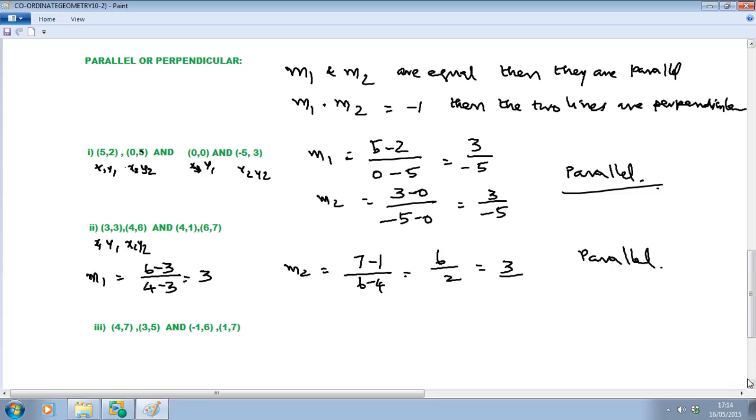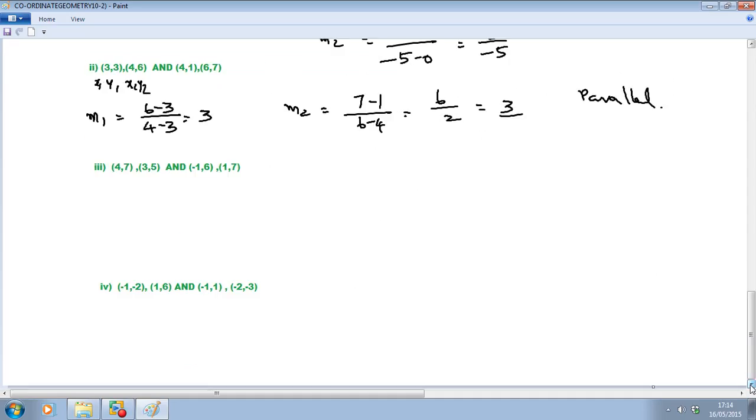And the slope of the line. Next problem. So we'll take this as x1, y1, x2, y2.